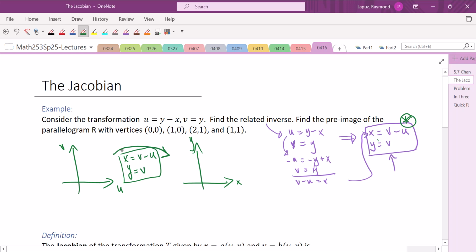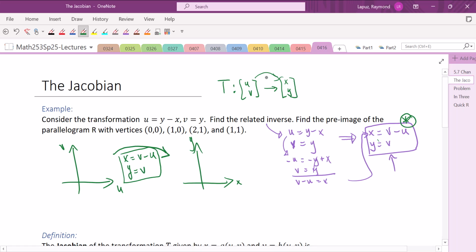Do you know from the problem which way you're going? Because they say find the pre-image, our transformation is generally going to go from uv to xy. The pre-image is uv. The image would be your output. The pre-image is your input.